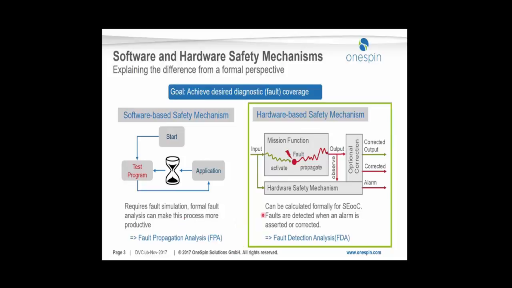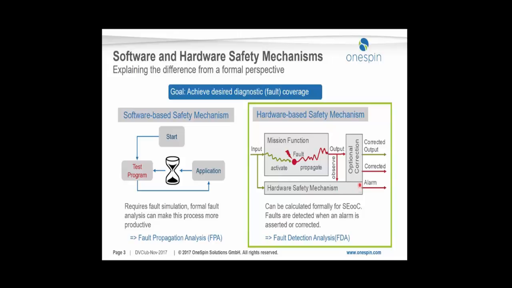What I would like to talk about today is more hardware-based safety mechanisms. So the characteristics of hardware-based safety mechanisms are that there is a mission function. Then we have a safety mechanism around that mission function. That safety mechanism has to observe an unexpected value and should raise an alarm.